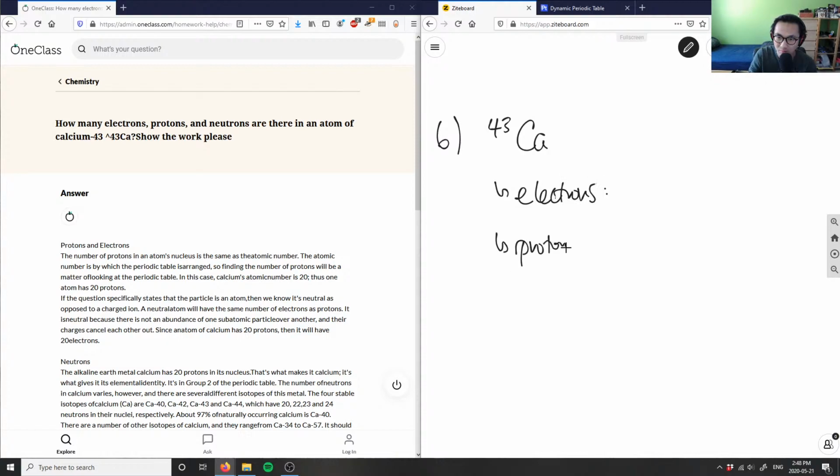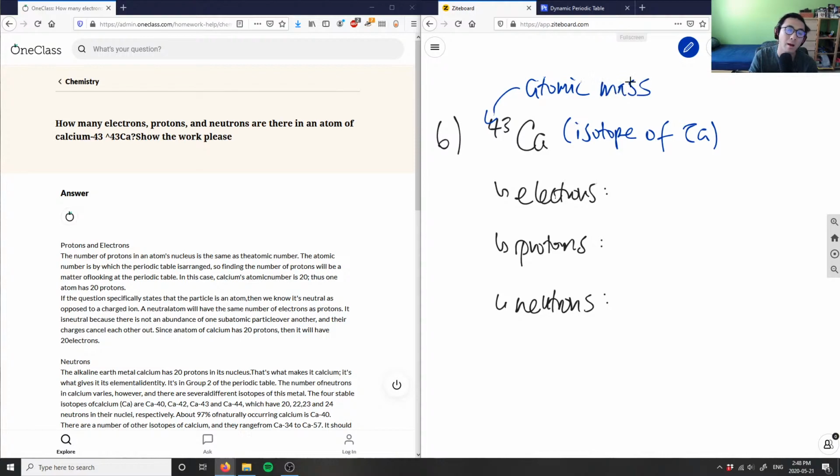Electrons, protons, and neutrons. So every time we look at this, this here is an isotope of Ca, or of calcium. And this 43 represents my atomic mass.